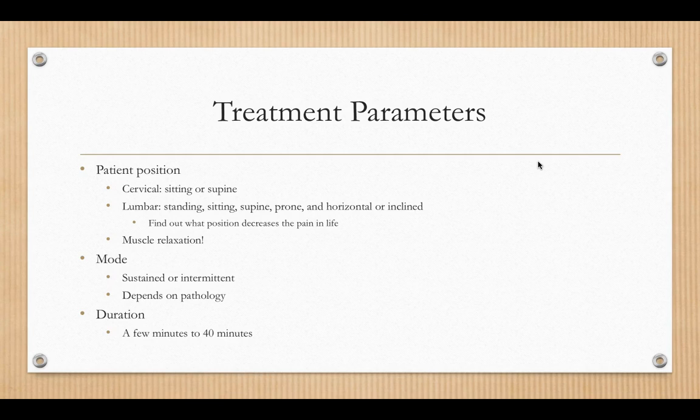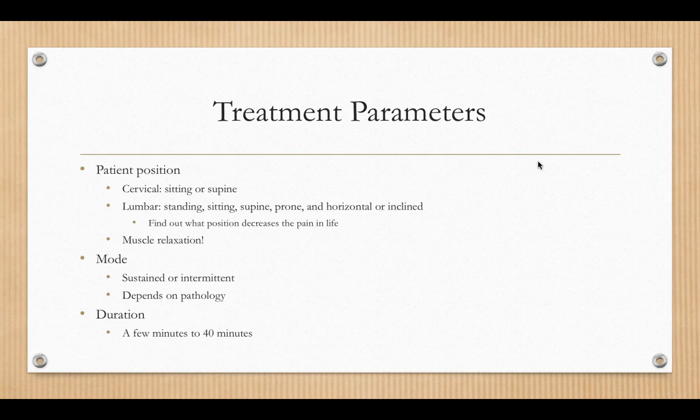But if it's more hypomobile joint, then maybe intermittent short hold rest periods might be beneficial. There's the charts in your book, and in our notes to look at the pathology and determine what works. But also try things, see what helps your patient most, and see what can be done.